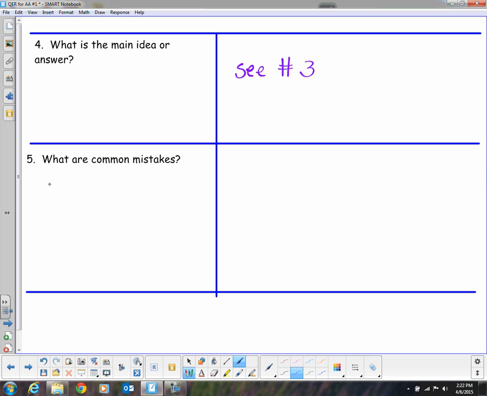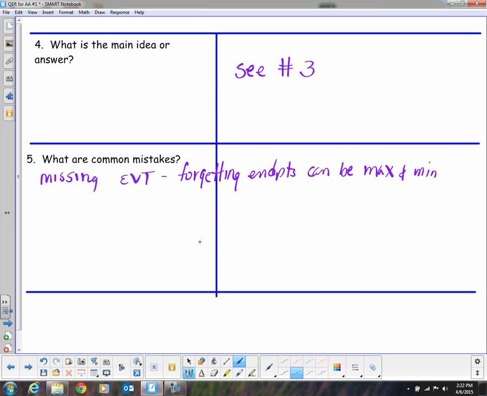So now some common mistakes. Missing the EVT, forgetting the endpoints could be our candidates for max and min. That's one common error. Confusing h of 1 with h prime of 1, or h of 4 with h prime of 4 is a common mistake.